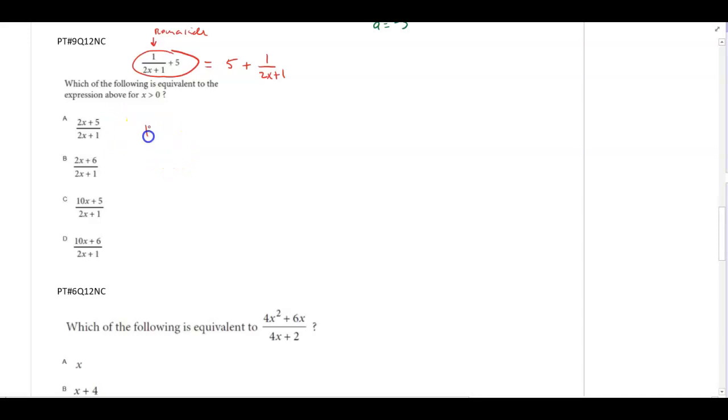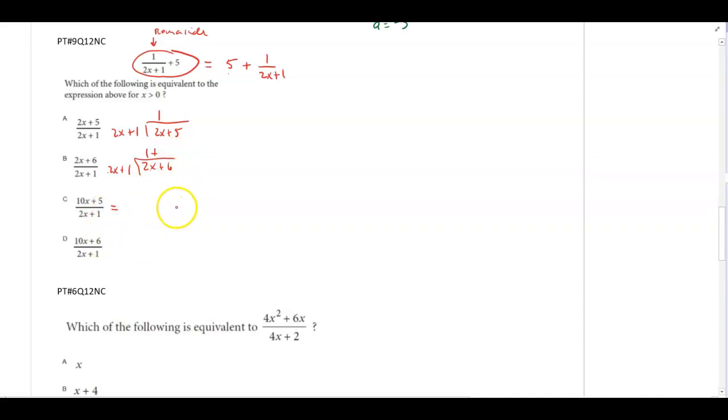Right away, 2x plus 5 goes in the box. 2x plus 1, what times 2x would give me 2x? That would be 1. Is that going to match up with the 5? No. The next one is going to be the same thing, 1 plus something with my remainder.